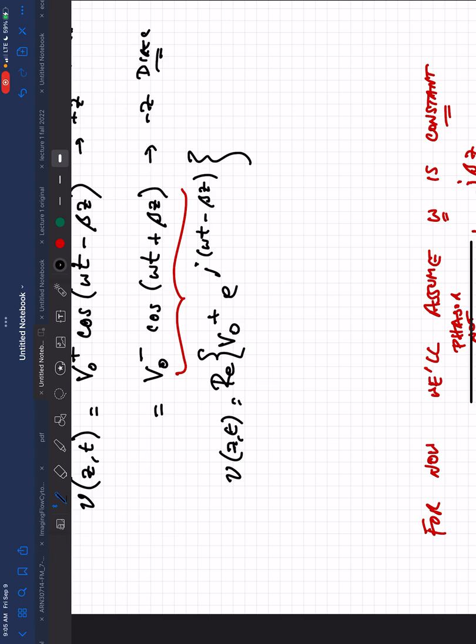Guys with me? No? So let me just write it all out. So this guy is cosine of omega t minus beta z plus j sine of omega t minus beta z.